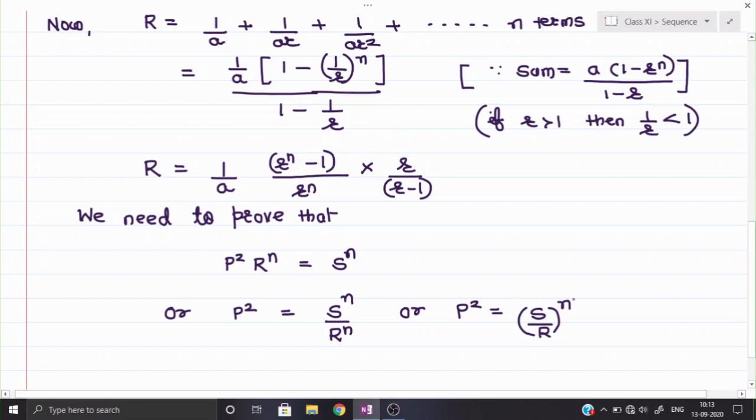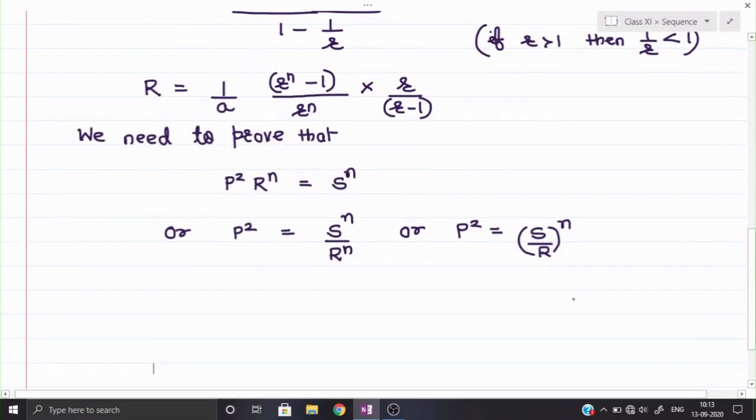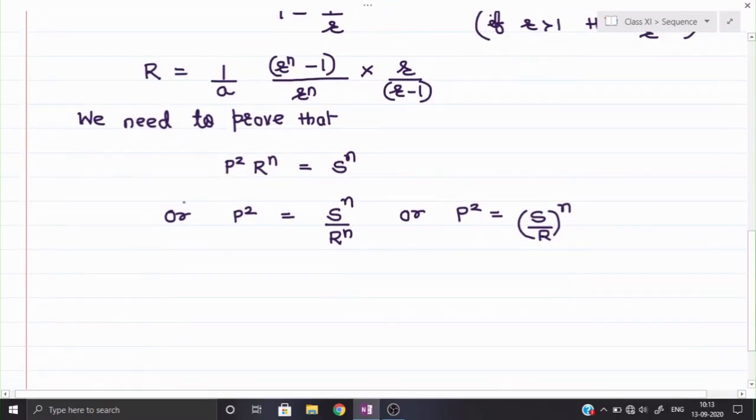Now it is up to you. You take LHS or RHS and bring the other side. So I am taking the RHS. We shall bring the left hand side, or we may require to simplify both. Let's see. First RHS I am taking, that is S upon R whole power n.